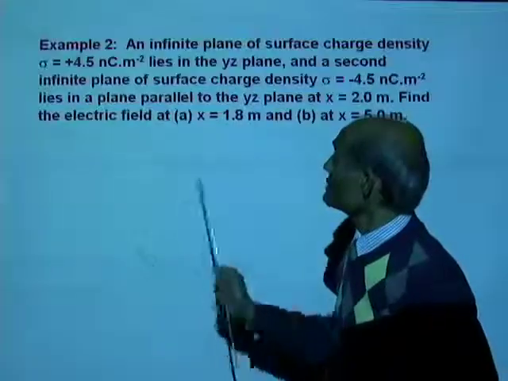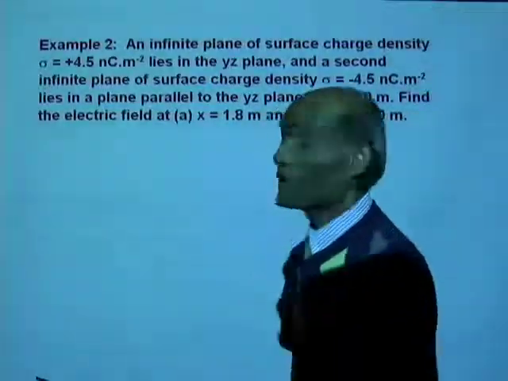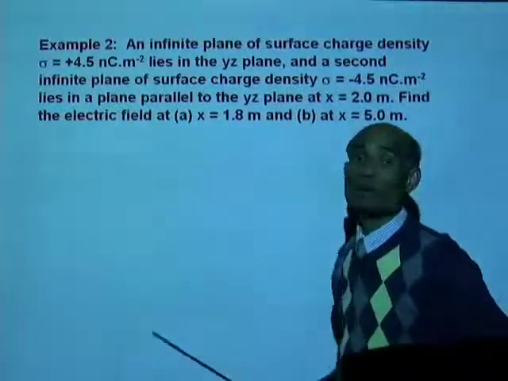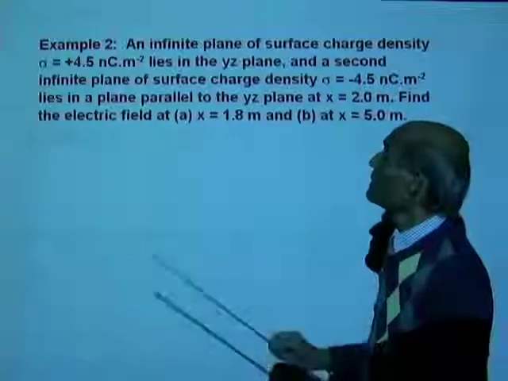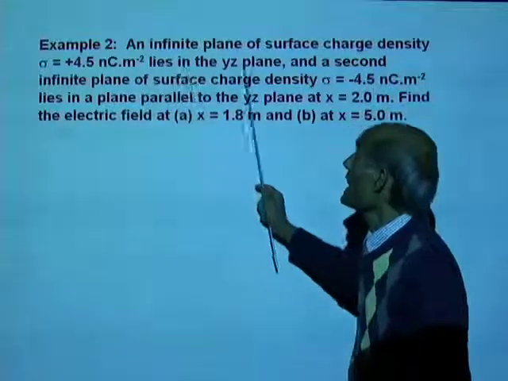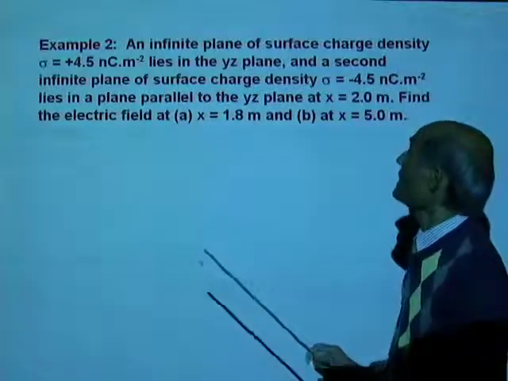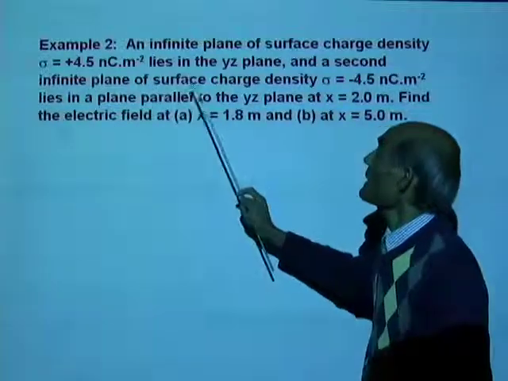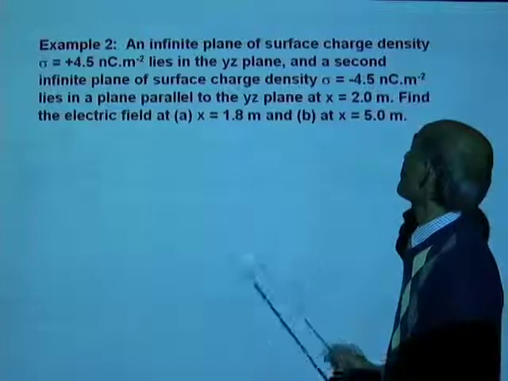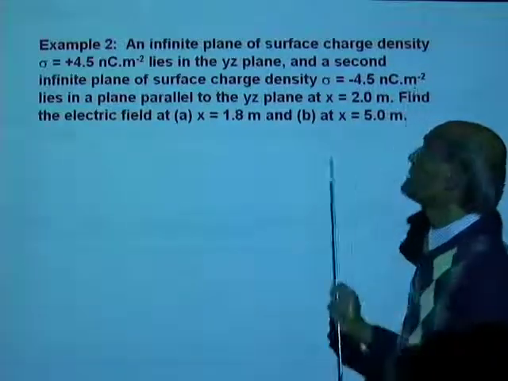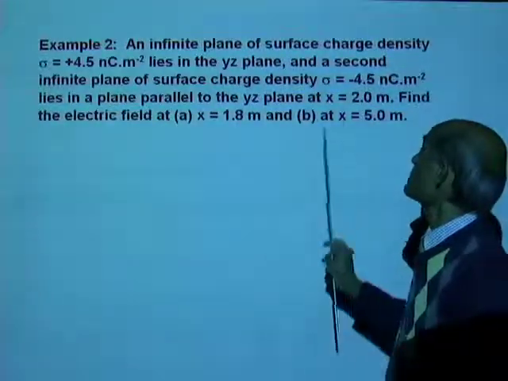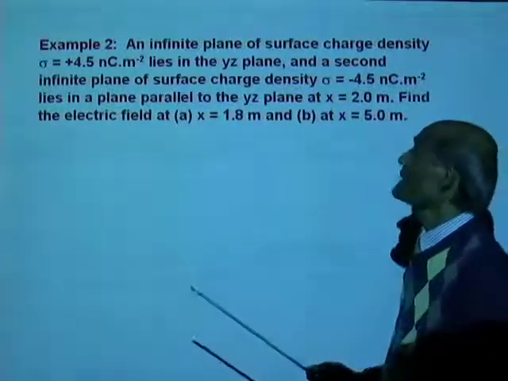Alright, let's do a problem. An infinite plane of surface charge density sigma equal to 4.5 nanocoulomb per meter squared lies in the YZ plane, and a second infinite plane of surface charge density negative 4.5 nanocoulomb per meter squared lies in the plane parallel to the YZ plane at x equal to 2 meter.